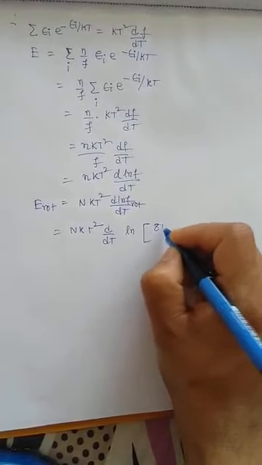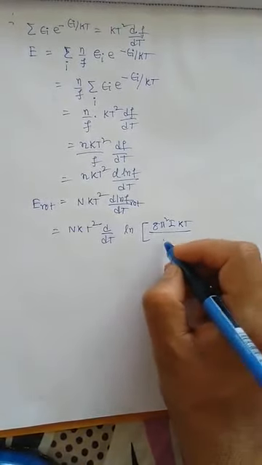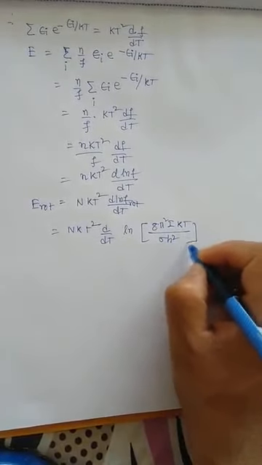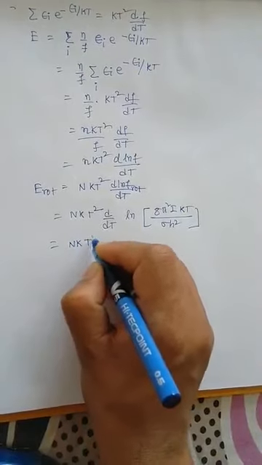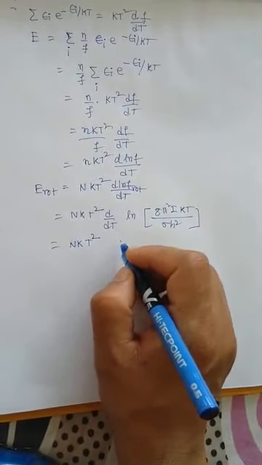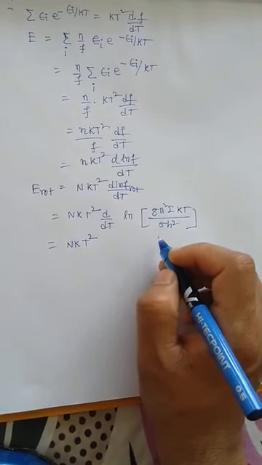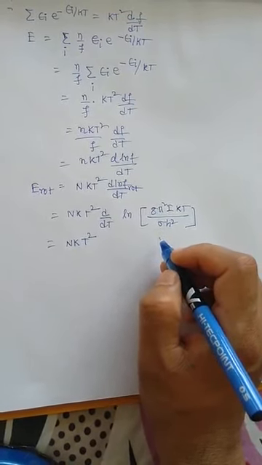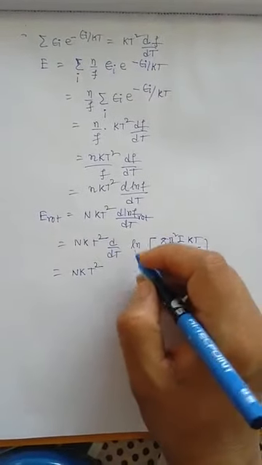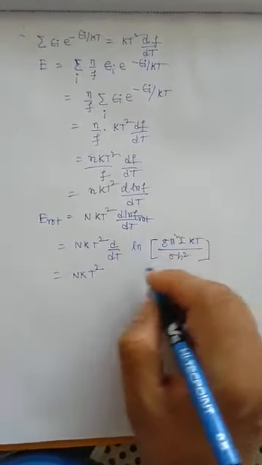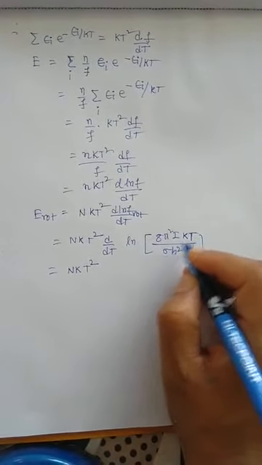So 8π square I kT by σh square. Okay, so N kT square, you can arrange this thing in this way. Just split this term into the parts which are temperature dependent and which are temperature independent.